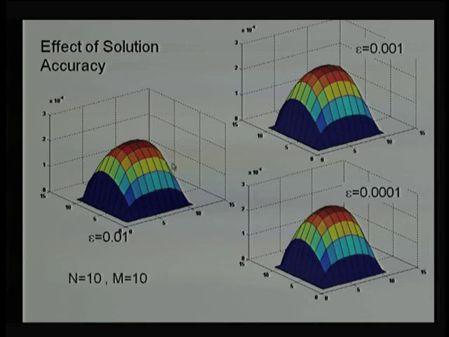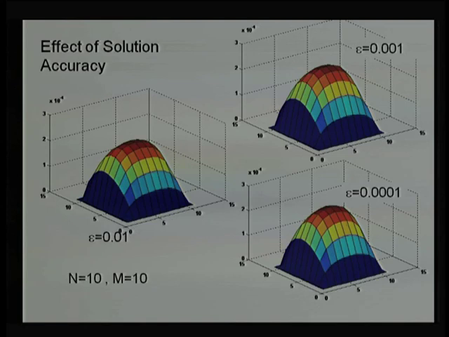In this case, particularly what I initially mentioned about the program shown on the previous slide, we started with N equal to 50 and 50. But just for comparison, to see how it varies with the number of nodes, I showed all three solutions with 10 nodes in the x direction and 10 in the z direction.